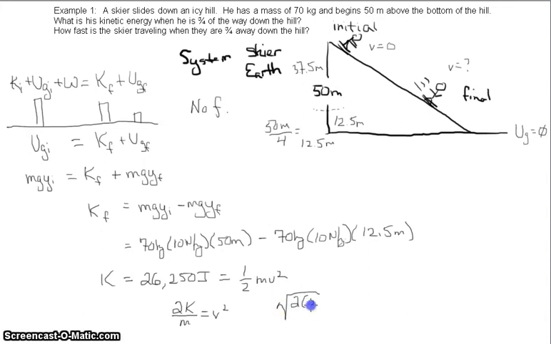So we get 2 times 26,250 joules divided by the mass of the skier, which is 70 kilograms. And we find that the skier's speed three-quarters of the way down the hill is 27.4 meters per second.